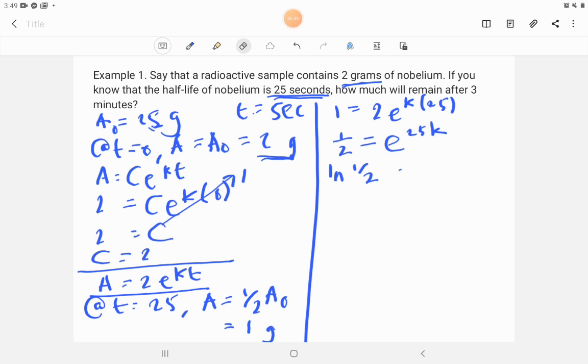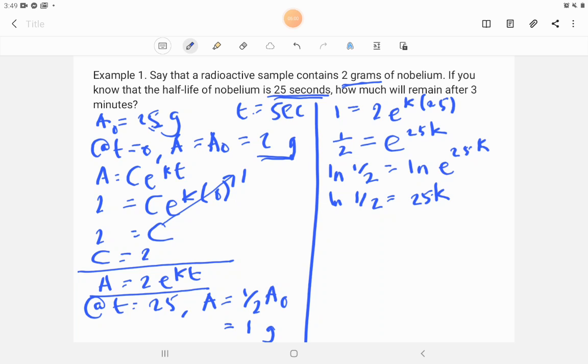And then we take the natural logarithm of both sides in order to extract k. So this is ln of e to the 25k. What we will have is ln of 1/2 equals 25k.